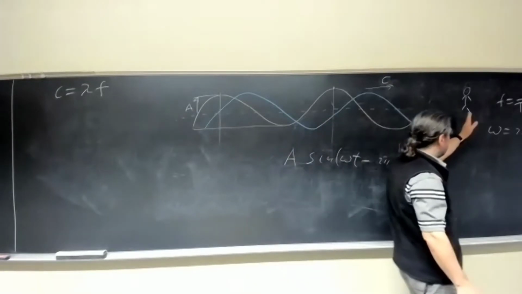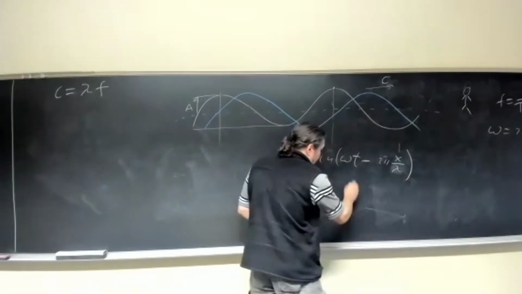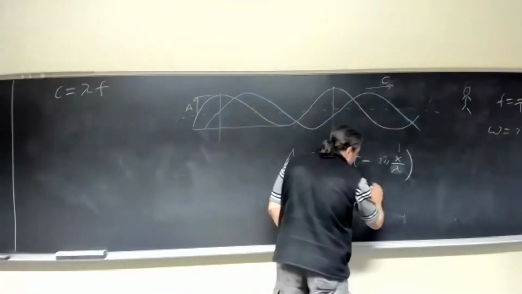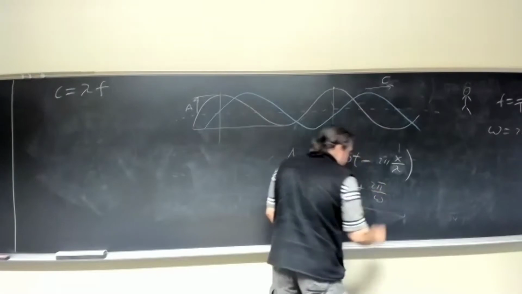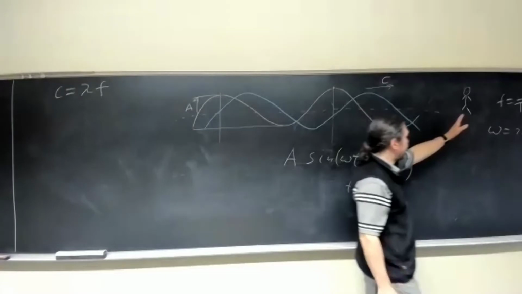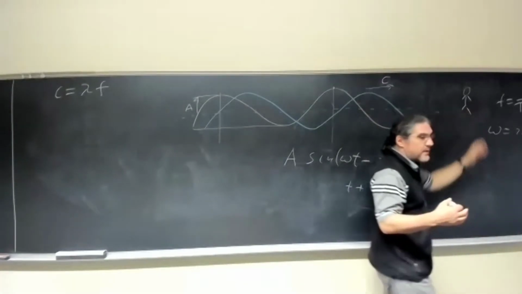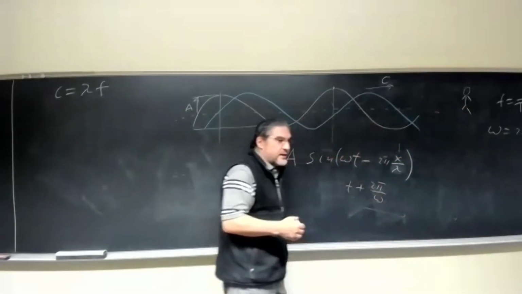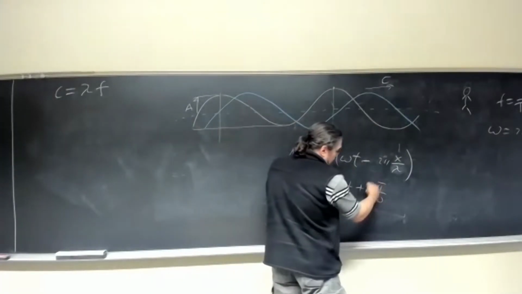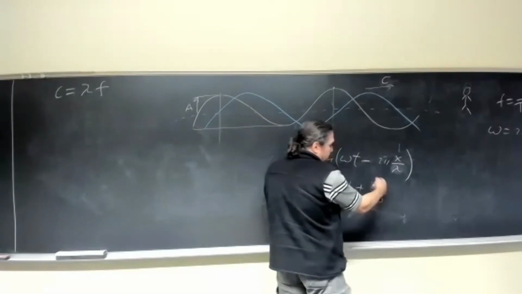So if I now look at the same point, I'm observing it at time t and at time t plus 2 pi divided by omega. If you substitute it here, you see that in this term the omega will cancel out, and what I will have is just 2 pi.